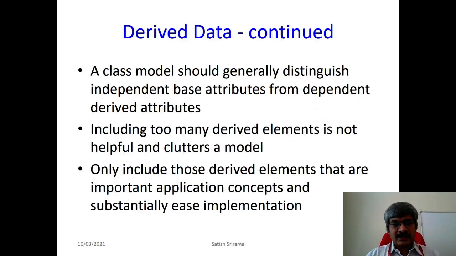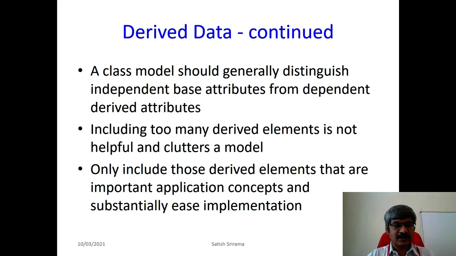A class model should generally distinguish independent base attributes from dependent derived attributes. Of course, we are putting the slash; when you look at the class model, you can see they are differentiated by the slash. We should also remember that including too many derived elements is not very helpful.